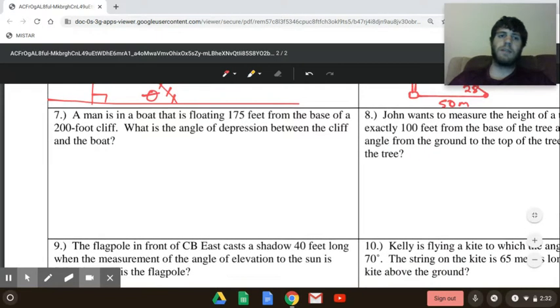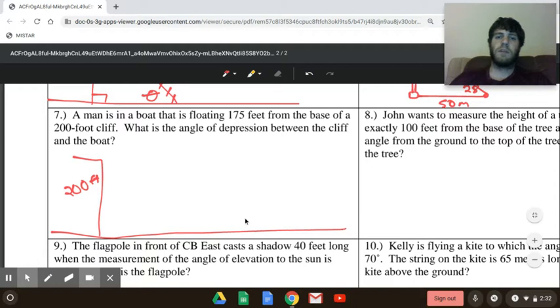Okay, a man in a boat that is floating 175 feet from the base of a 200-foot cliff. So here is a 200-foot cliff. Okay, he's in a boat down in the sea, 175 feet away. He's 175 feet away.